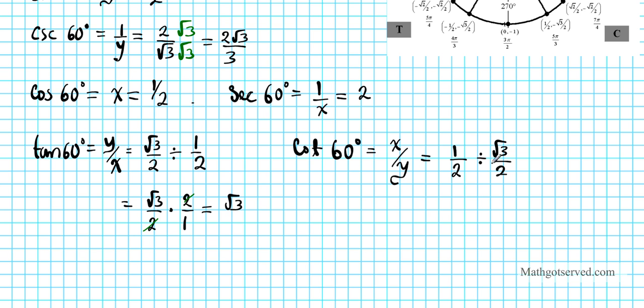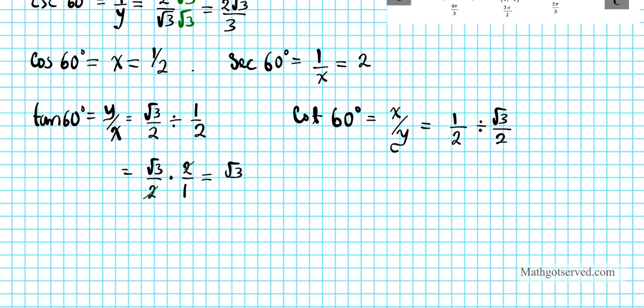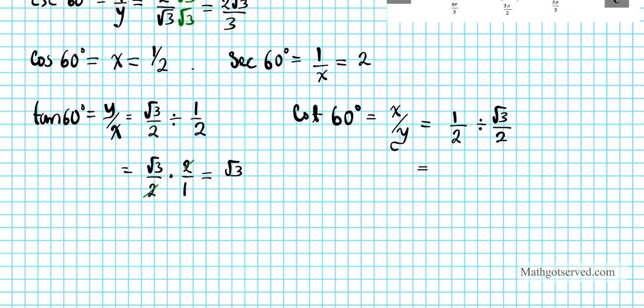We drop this 1/2, change the division to a times, and flip that. That becomes 2 over root 3, and then you can divide the two's and end up with 1 over root 3. Notice we could have skipped this step and just reciprocated tan, which would have given the same answer.